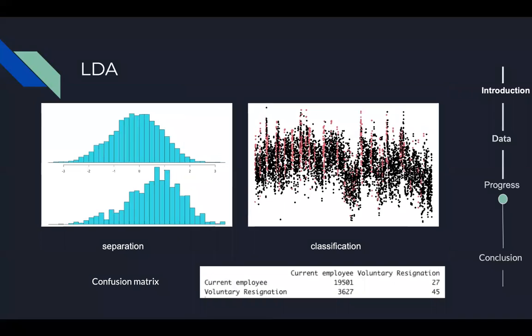After applying it to the training dataset and looking at the histogram, there is actually a huge overlap, with quite a bit of confusion between these two groups. Plotting the transformed data, we can see the classification. There is only a very small separation, but most of the categories are overlapping.